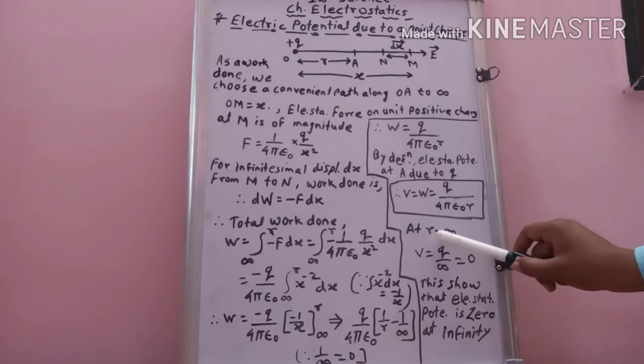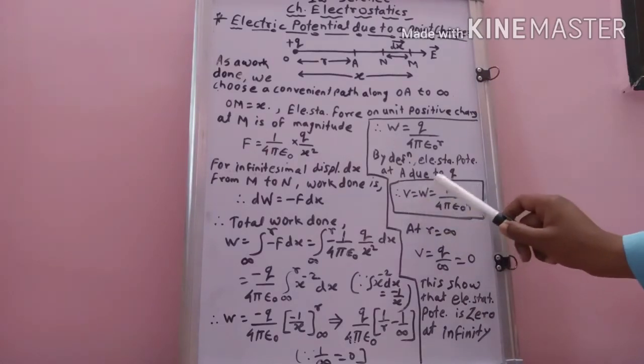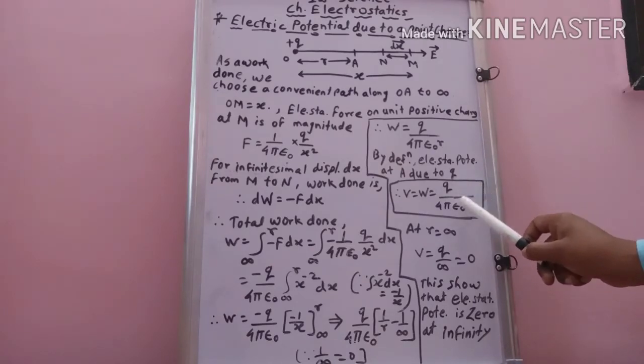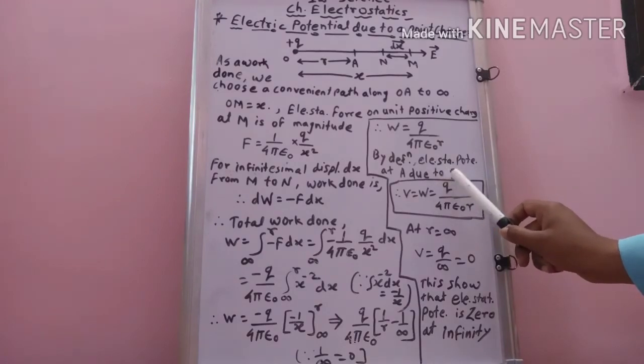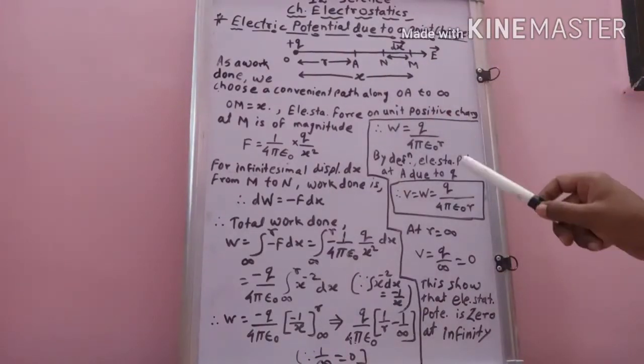This equation shows the electrostatic potential at a distance r from the point charge Q.